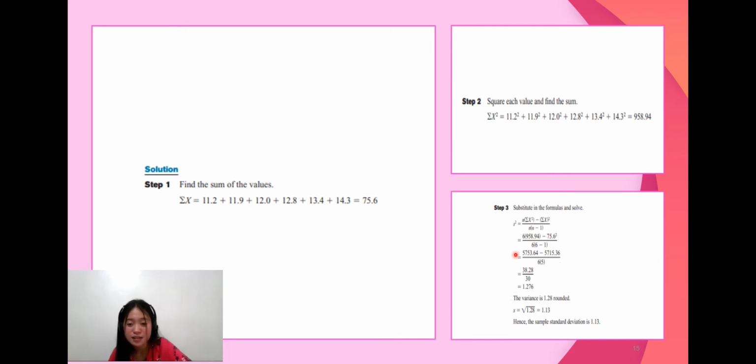Then 5,753.64 minus 5,715.36 is equal to 38.28. 6 times 5 mao na siya ang 30. Atong na siyang i-divide, mahimo na siyang 1.276. Then, ang variance atong i-round off, mahimo siyang 1.28.